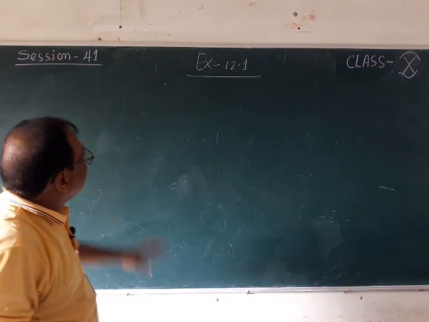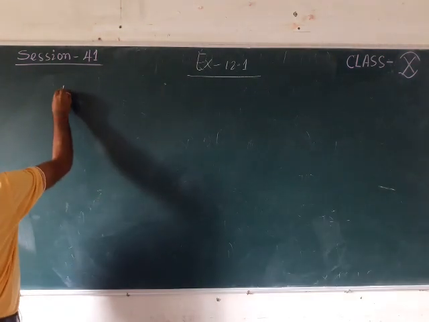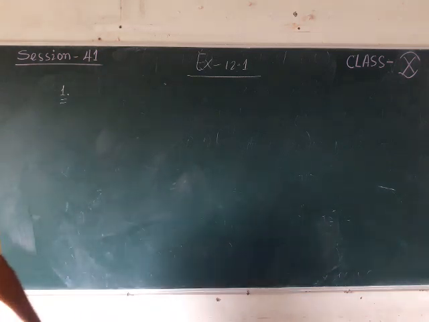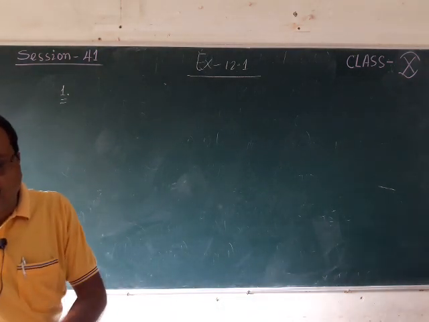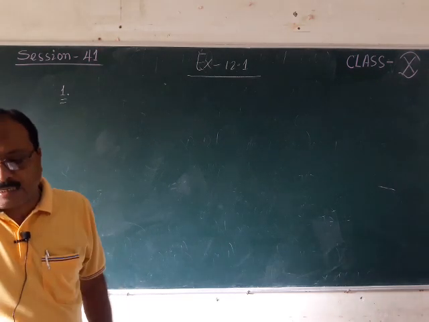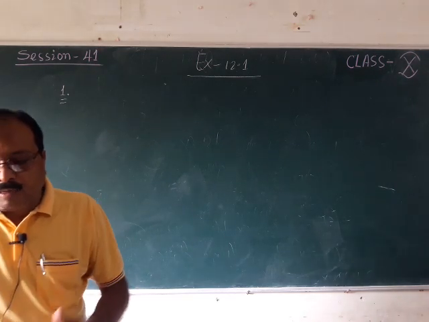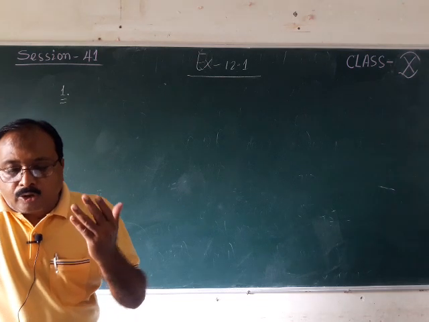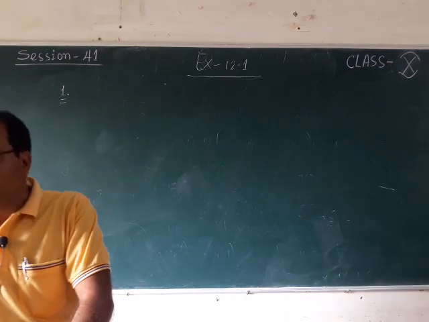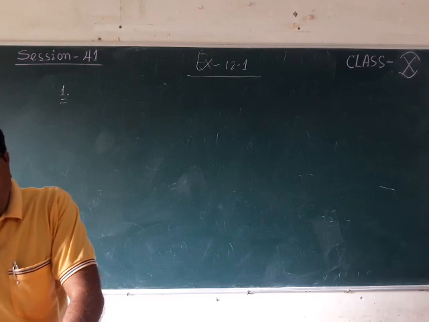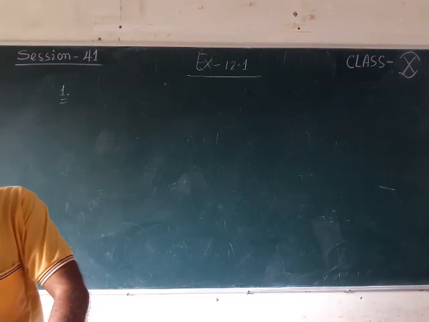So here question number 1 is there. In question number 1, the radii of two circles are 19 centimeter and 9 centimeter respectively. Find the radius of the circle which has circumference equal to the sum of the circumference of the two circles.